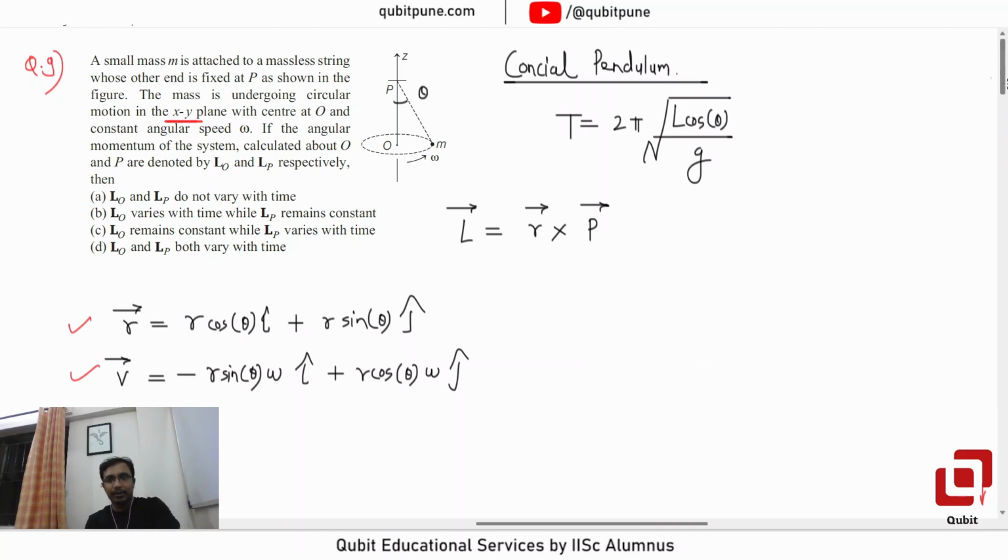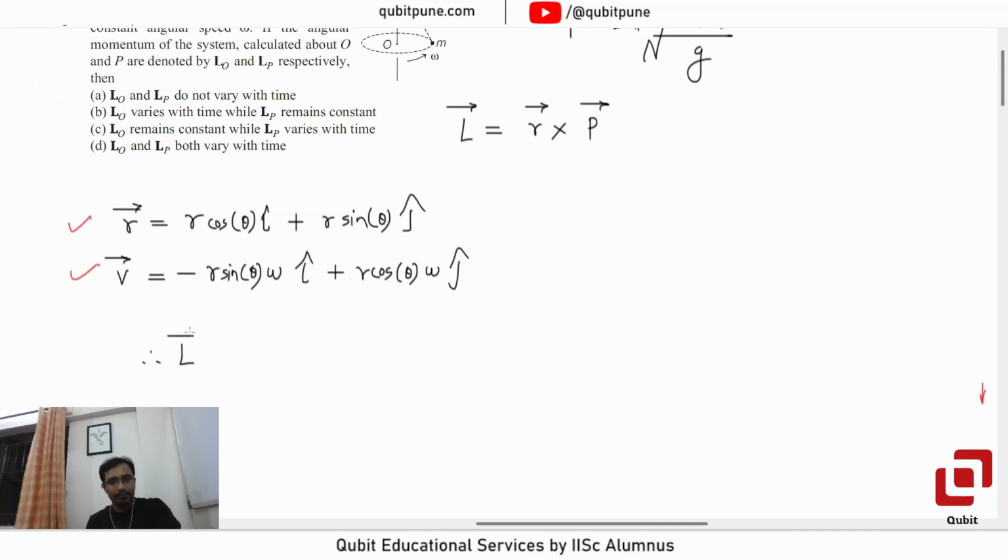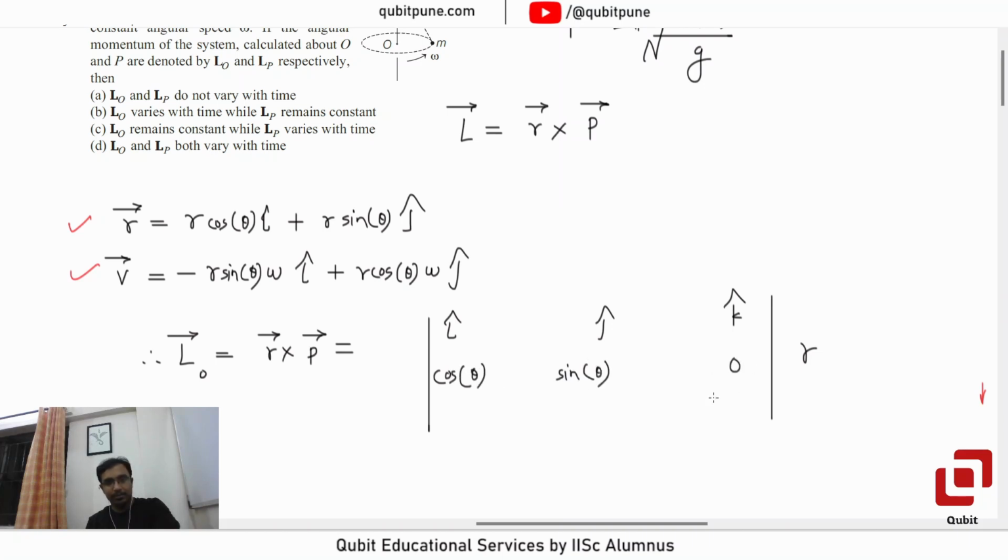So what will be the angular momentum about O? R bar cross P bar. Ijk. We can take R common because that is radius. Cos theta, sin theta, 0, and for V, let us take R omega common, negative sin theta, cos theta, 0.